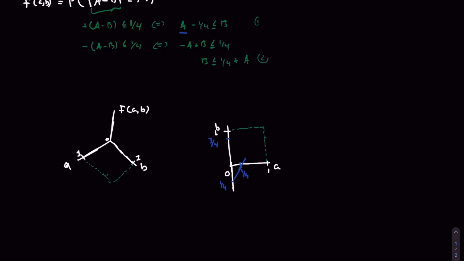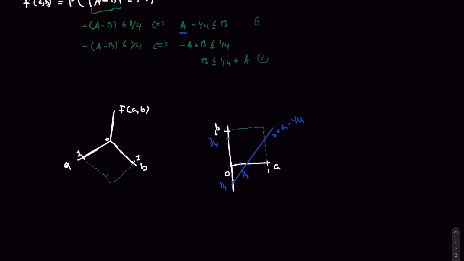Let me just draw a straight line like so. Okay, this looks good, and this is the function little b equal to a minus 1/4.